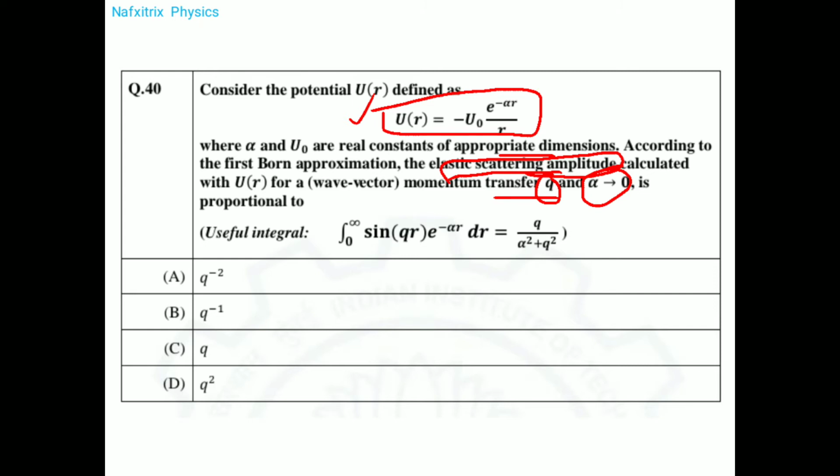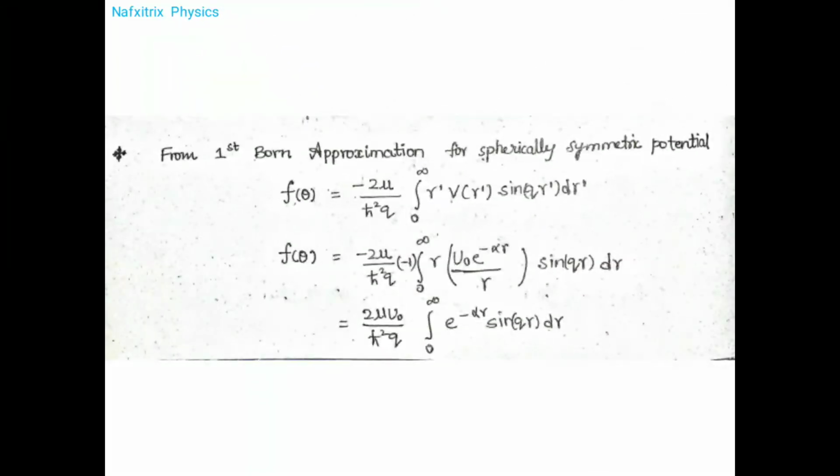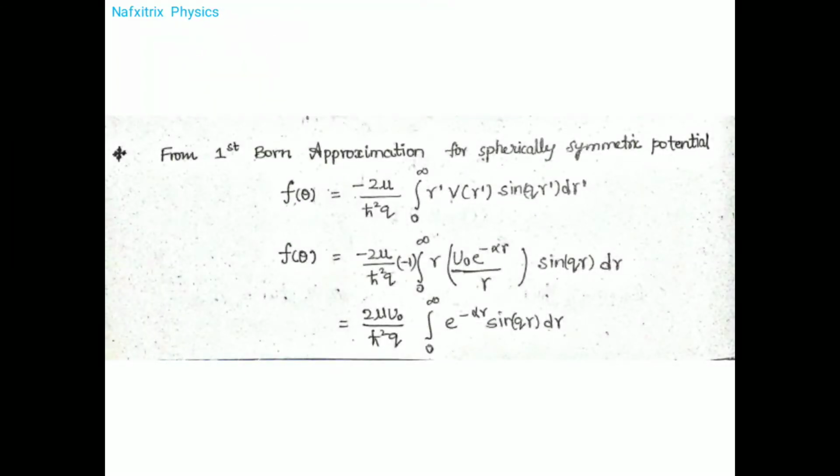They have given us a useful integral in the process of calculation. So let's have a look. From the first Born approximation for a spherically symmetric potential, the formula for the scattering amplitude is: f of theta equals minus 2 mu by h cut square q, integration from 0 to infinity of r dash V of r dash sine of q r dash dr dash.